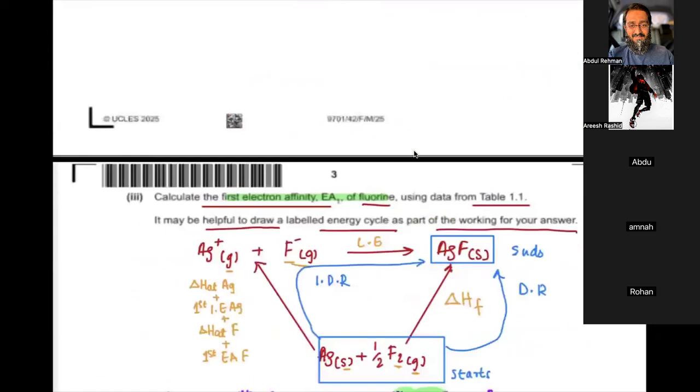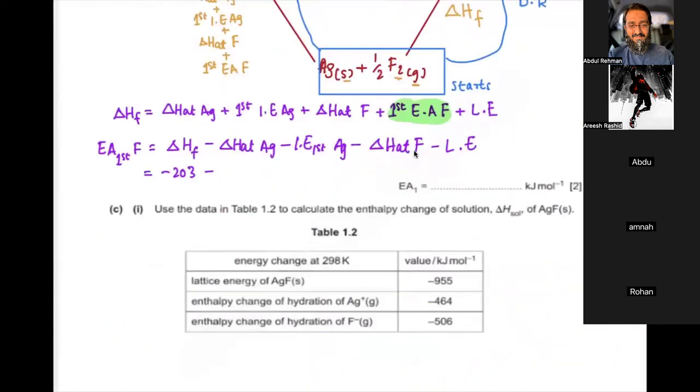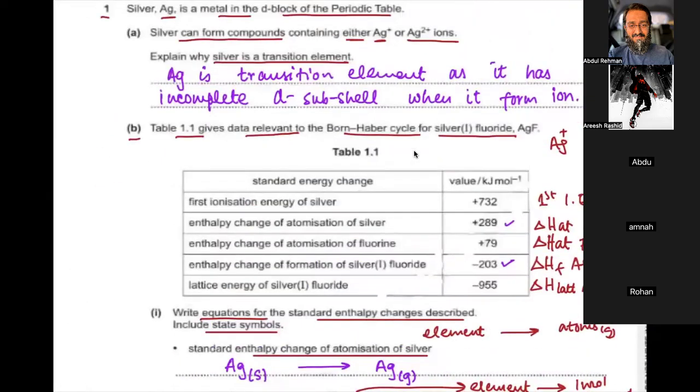Then we need the atomization of silver, which is positive, and the sign is negative, so positive times negative makes it negative. So my negative 289. Then the first ionization energy of silver.